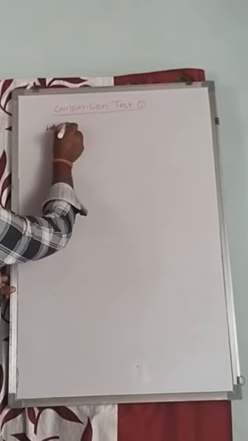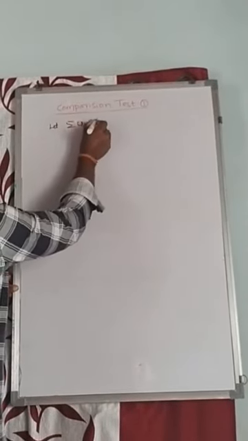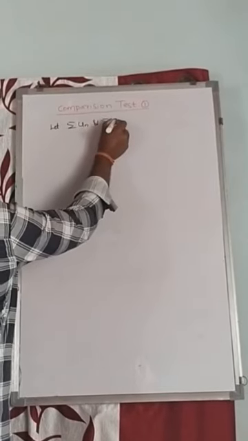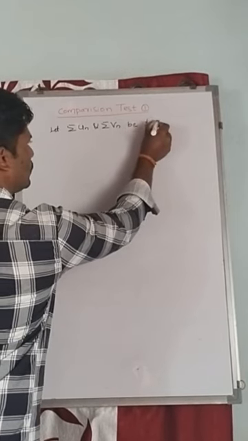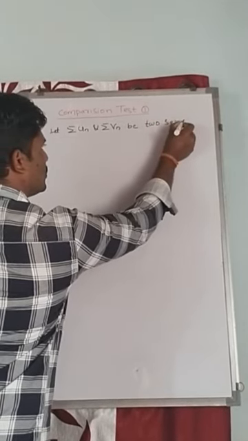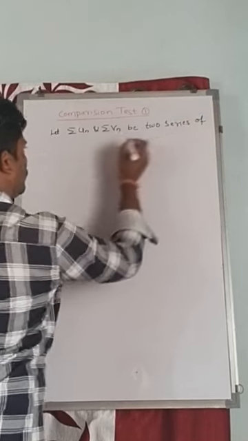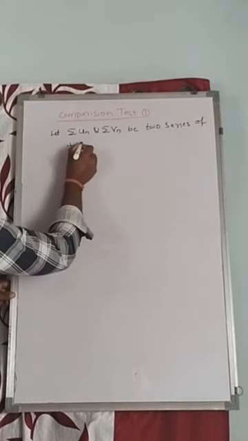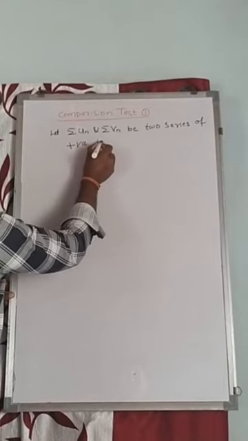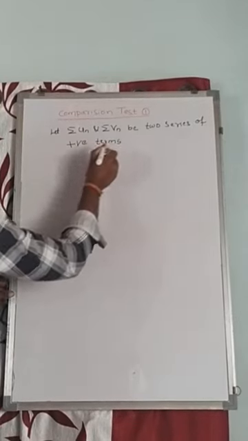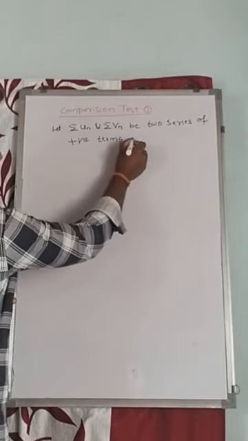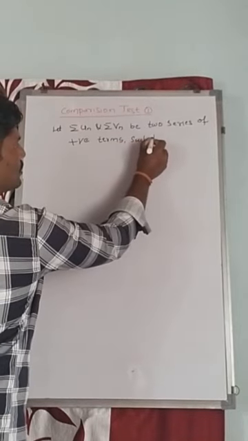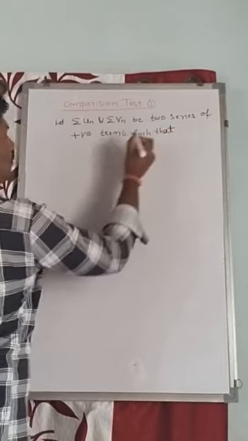Let summation of un and summation of vn be two series of positive terms such that two conditions hold.